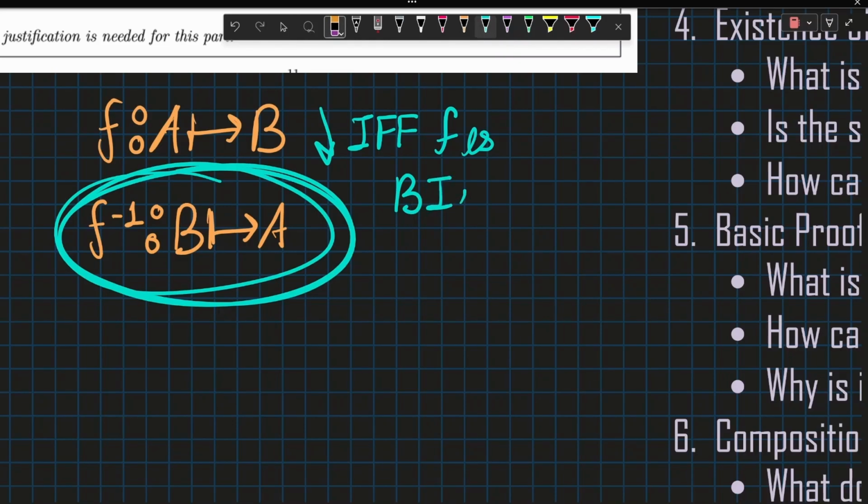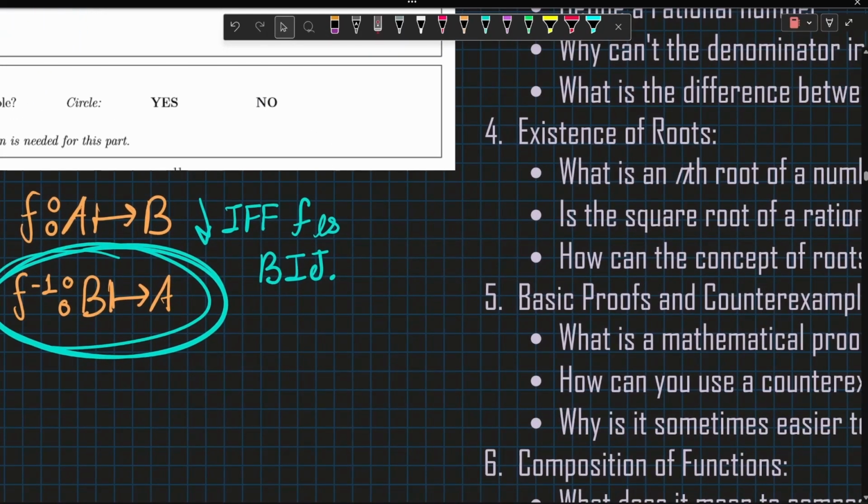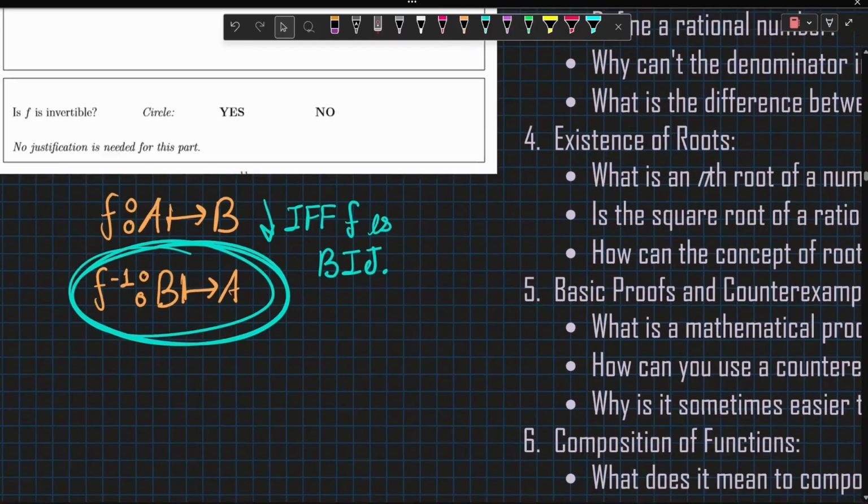I'm going to write it as bij because I'm too lazy to write the entire thing, but bijectivity. Bijectivity is a label we give to a function only when they are both injective and surjective.